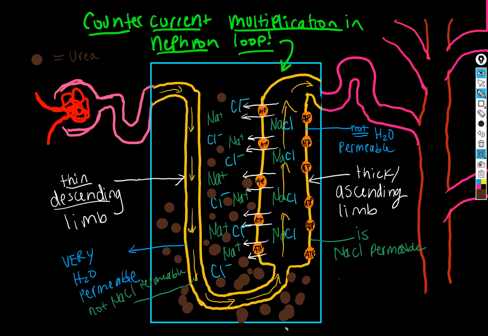So you'll notice that there's a lot more at the bottom, and that's true in the kidney too. If you measure the amount of urea at the tip of a renal pyramid, it's a lot more concentrated down there than at the top.